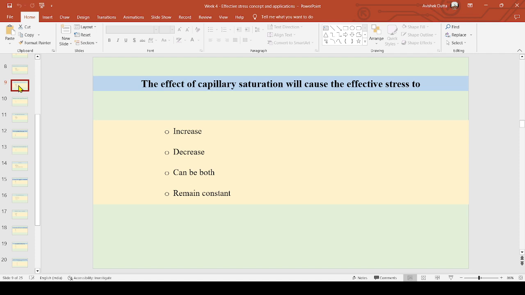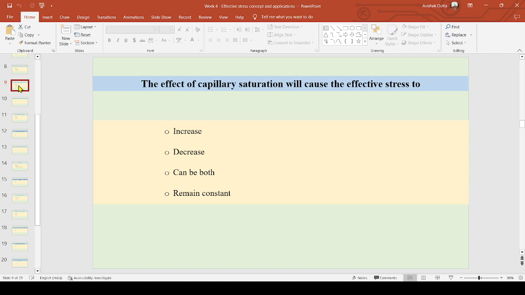What will be the effect of capillary saturation or capillary suction on the effective stress of the soil beneath? Will it increase or will it decrease?